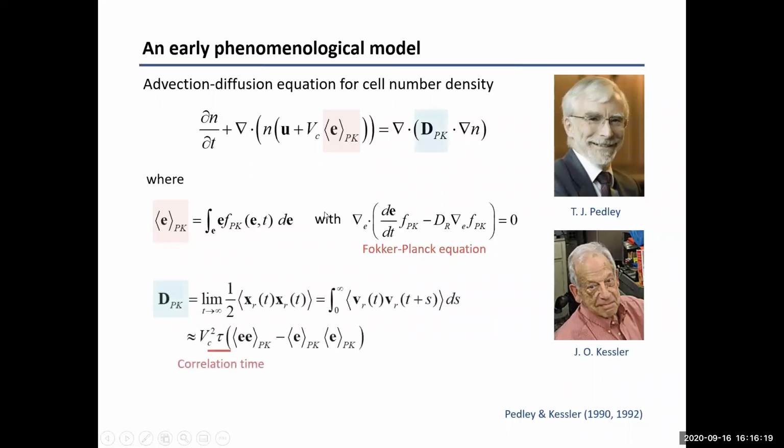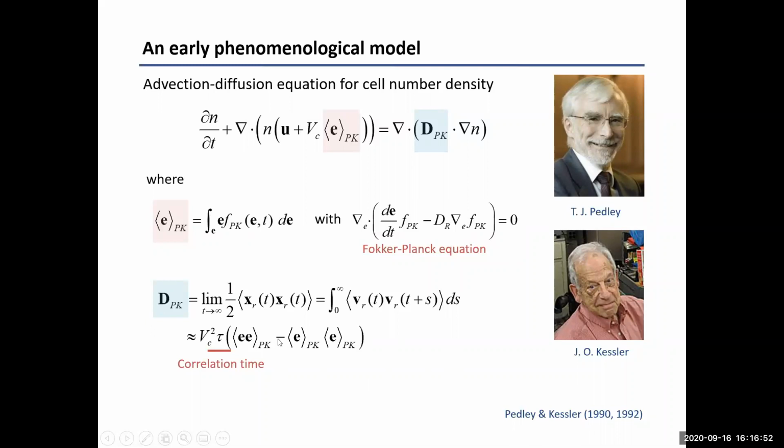And then D utilizes this expression coming from the fluctuation dispersion theorem. D is calculated from the variance of the relative displacement from the mean displacement, and that expression can be converted in terms of the relative velocity VR, and they use this expression to approximate the diffusivity.